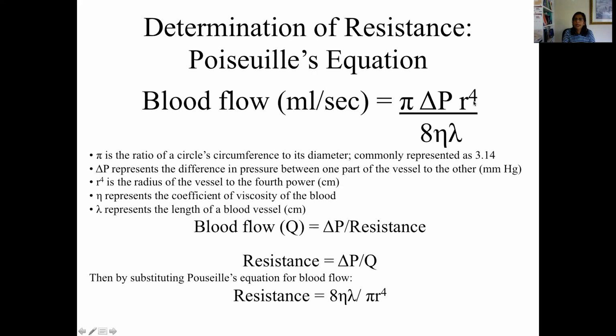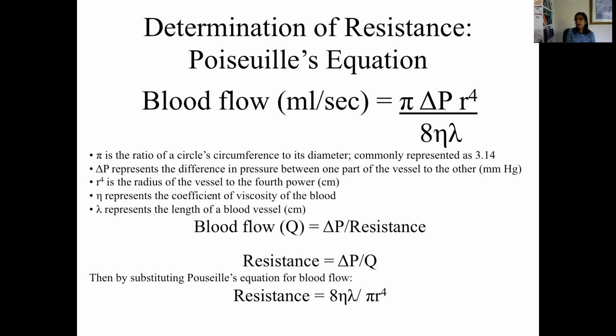So you are looking at factors that are directly proportional and factors that are inversely proportional. Eta refers to viscosity, and lambda is for the length of the vessel. So the longer the vessel, the greater the resistance. The thicker the blood, or the greater the viscosity of blood, the greater the resistance.